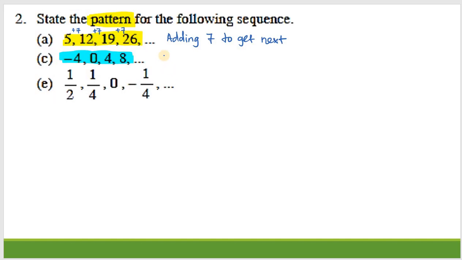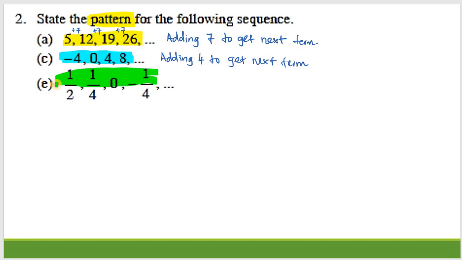Okay, so we can say adding 4 to get the next term. Okay, so actually you can use another structure for your sentence, but the meaning must be correct. Okay, the next one is 1 over 2 becomes 1 over 4, 1 over 4 becomes 0, 0 becomes negative. This is decreasing already. This list of numbers is actually decreasing.